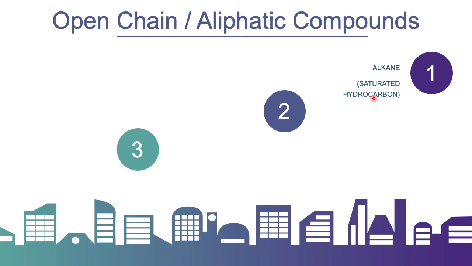So under saturated compounds, you had alkanes, which were hydrocarbons with only single covalent bonds. And then moving on to unsaturated hydrocarbons with double covalent bonds, we call them alkenes. And then the unsaturated hydrocarbons with triple covalent bonds were called alkynes. We also learned how to name these parent chains with prefixes and suffixes.